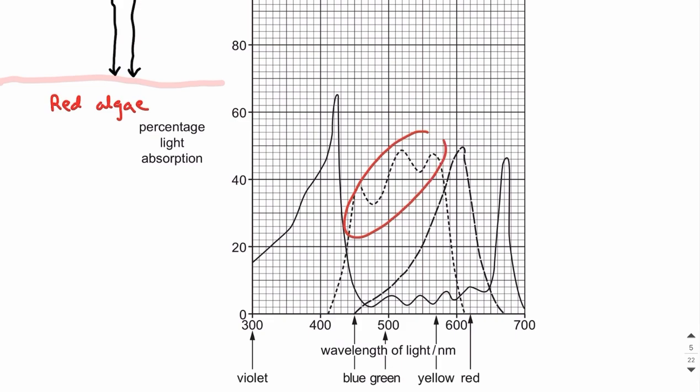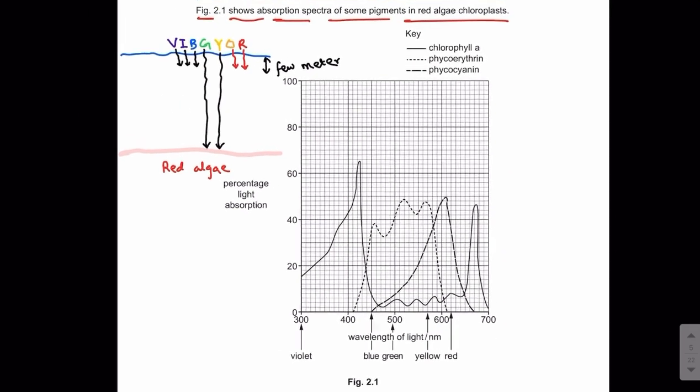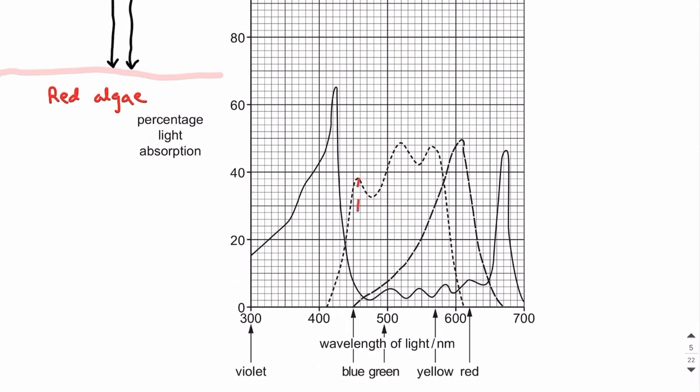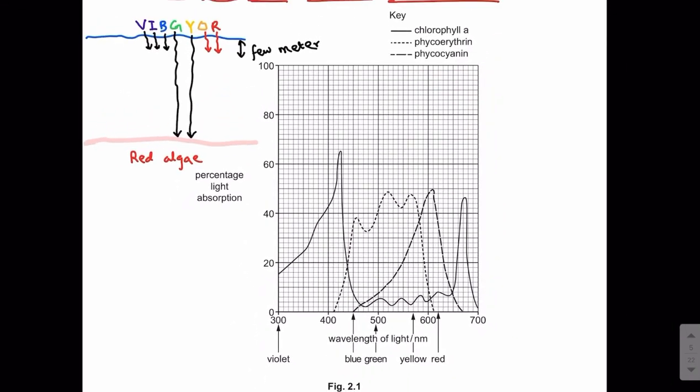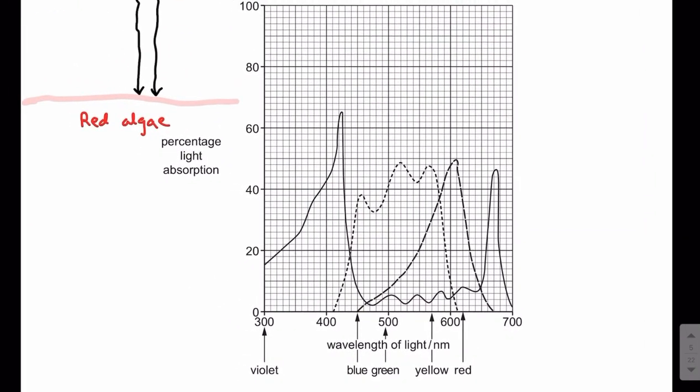What about this pigment? This is phycoerythrin. Phycoerythrin is absorbing best in which region? In the blue region, in the green region, in the yellow region as well. Right? And if we talk about phycocyanin, it is absorbing best in which region? It's absorbing best.